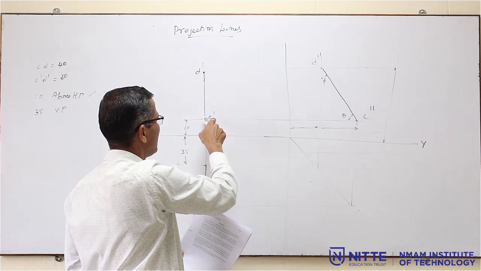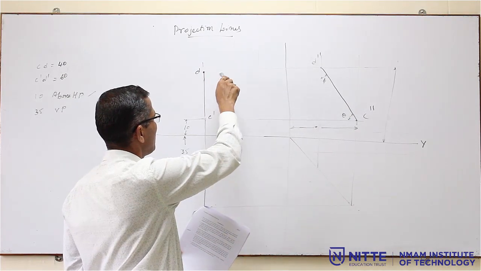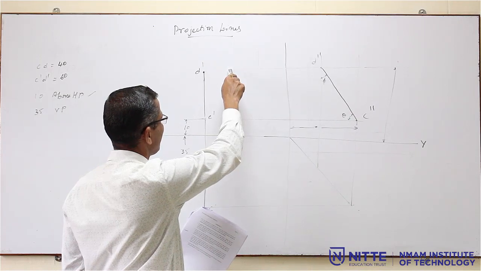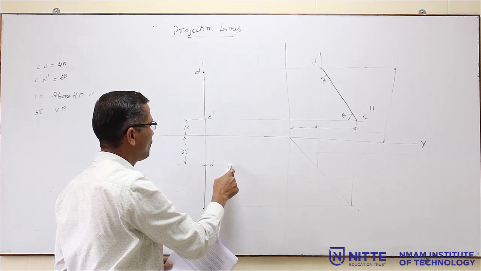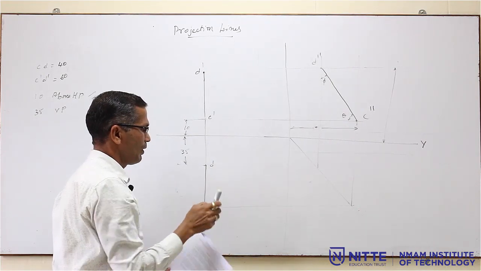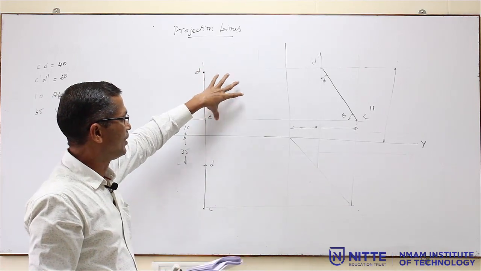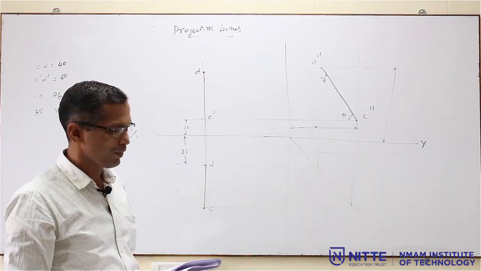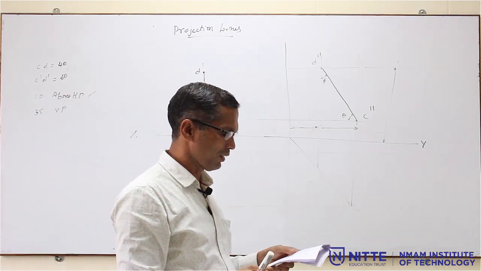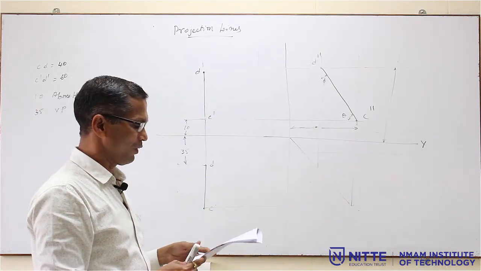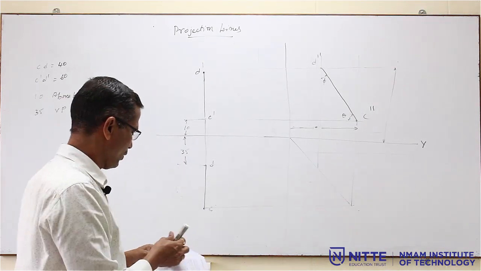So, C dash is here. You call this A dash and B dash. Similarly, you have to get D1 dash, then D1, then D2, then D1. Like that you have to obtain all the views here, just rotate the lines, and you can try that method also. This is the simpler method, so you can get all the solutions for this. So, this is the problem number 4, the fourth problem.